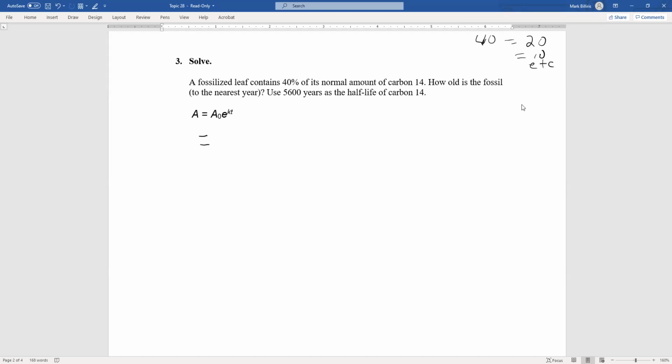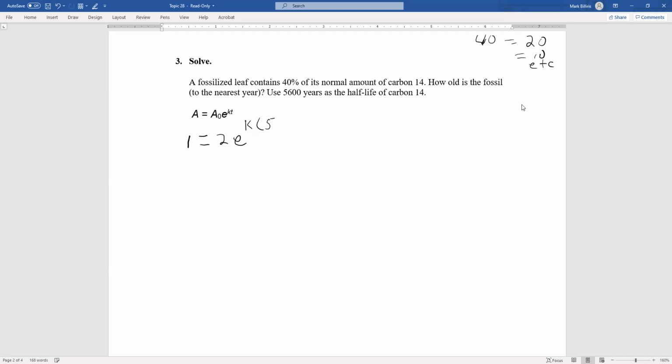So let's say I used 2. A represents the amount left after a certain amount of time. If I start out with 2 and I'm talking about half-life, then I'm interested in when it will become half of 2, or 1. Again, it doesn't make a difference what you use for A sub 0, but A will always be half of that. And this is times e to the kt. We're looking for the k, and t, remember, is years.